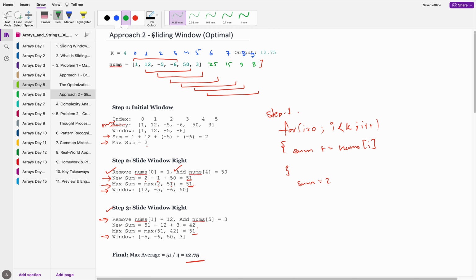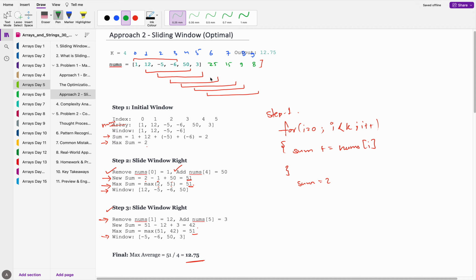Now what? If you look at the screen very carefully, you don't need to recalculate. Instead, you just need to add this next item in the window and remove this very beginning item from the window. So what I can do? Now let's put a mathematical pattern here. You can see only these four items were added at the very beginning.